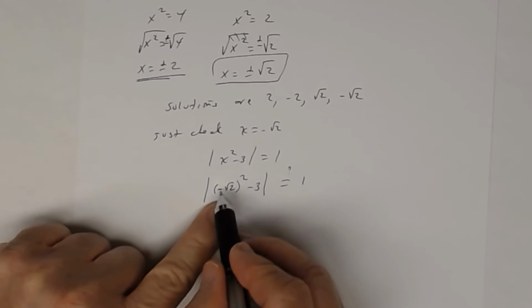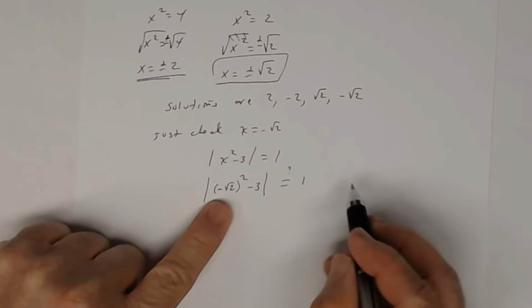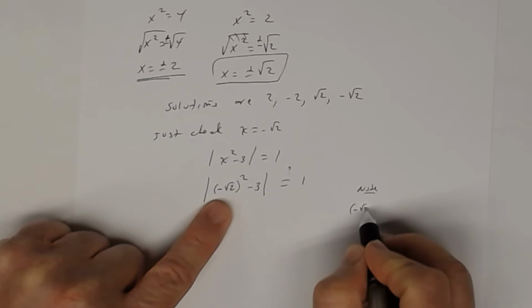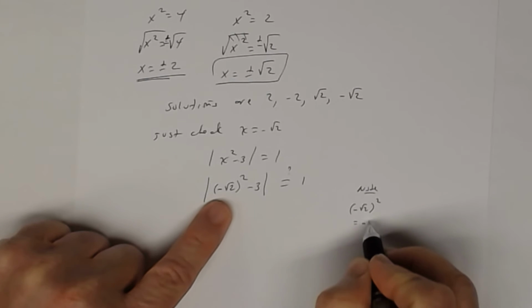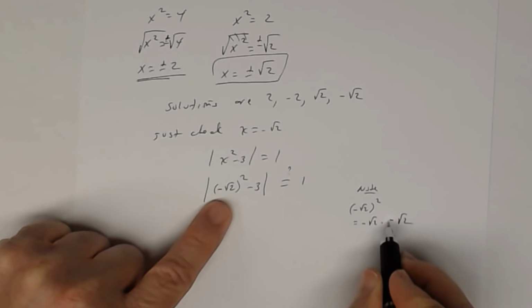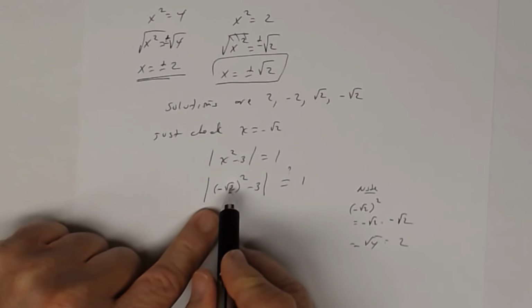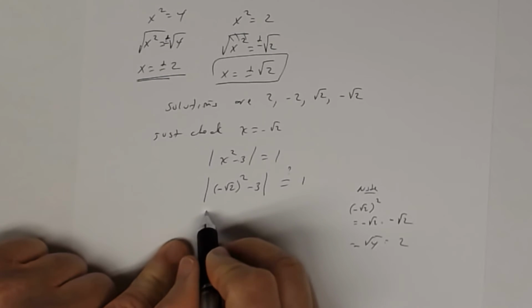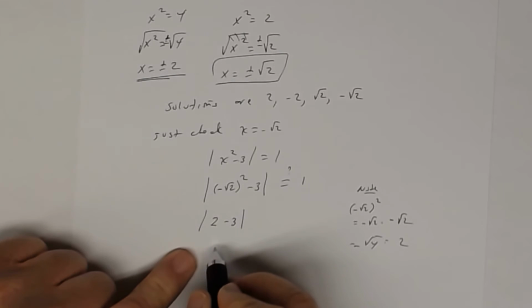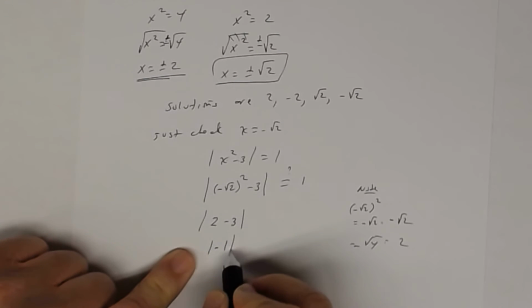So remember what this means right here. Negative square root of 2 squared means negative square root of 2 times itself. A negative times a negative is a positive. Square root of 2 times square root of 2 is square root of 4, which is 2. So this is 2 right here. So I get the absolute value of 2 minus 3. 2 minus 3 is a negative 1, so that becomes absolute value of negative 1.